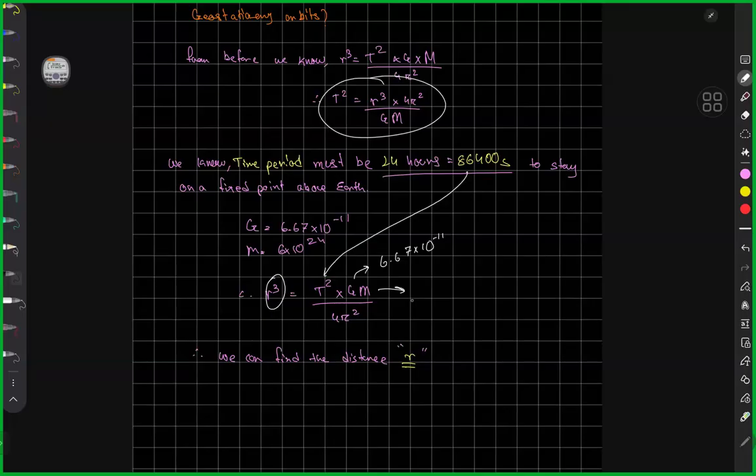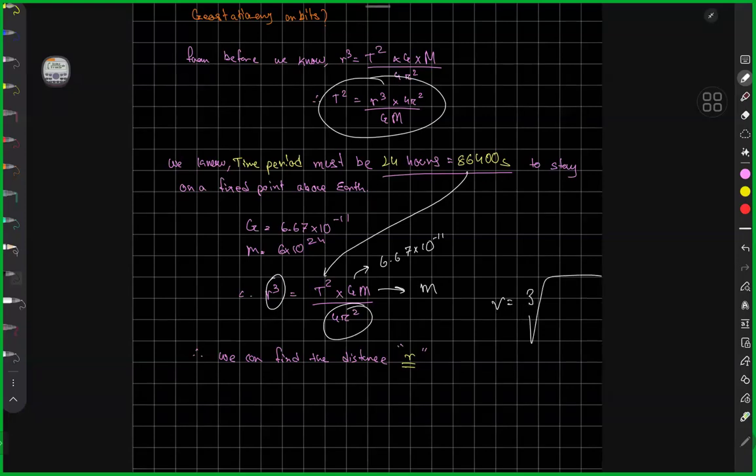I should know this, but I don't have it off the top of my head. The Earth's mass, whatever it is, divided by 4 pi squared, just put it in the calculator. This will give you the cube of the separation. So finally, R will be the cube root.